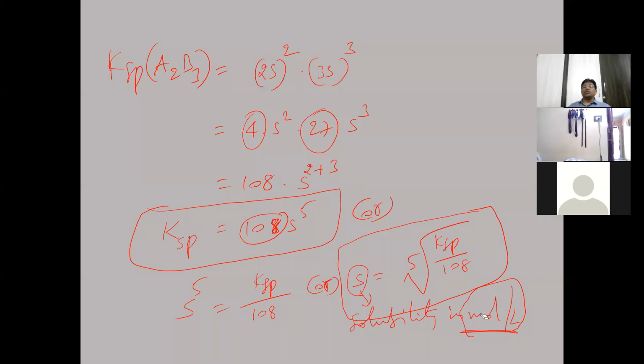Number of moles into gram molecular weight, so X into gram molecular weight will give grams. So grams per liter or moles per liter may be asked. Is the concept clear? How to calculate the KSP value for given salts is understood. This is an important concept of solubility product.